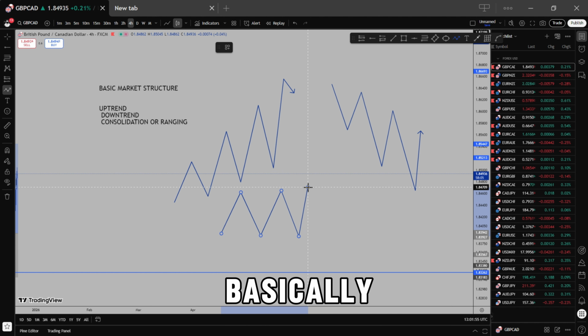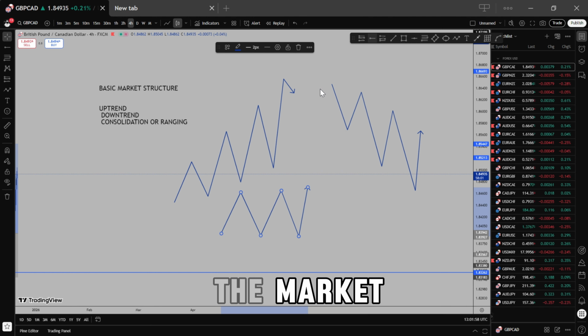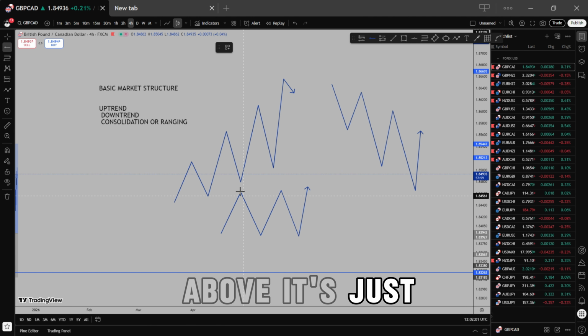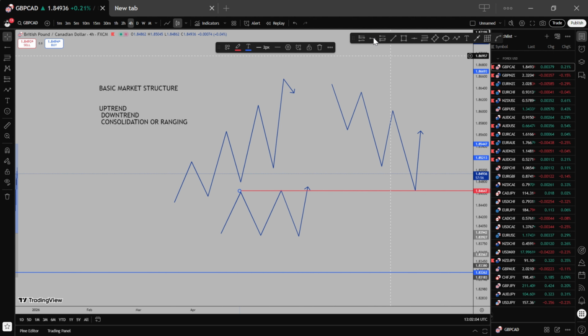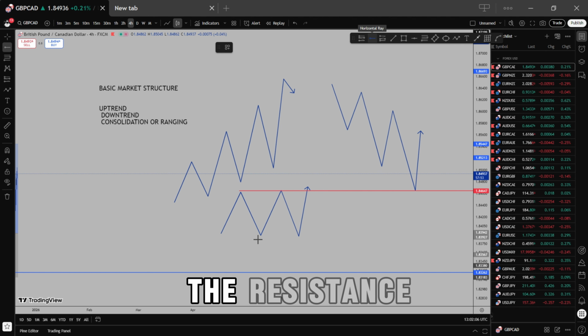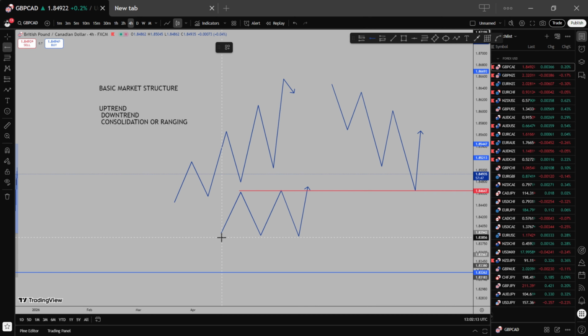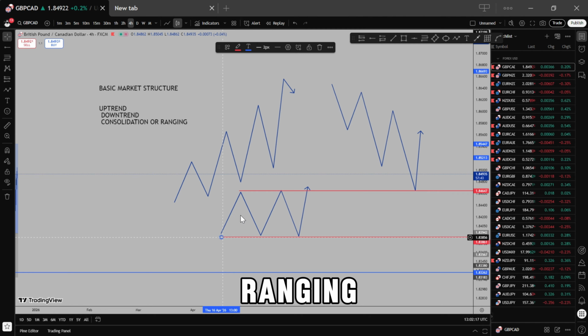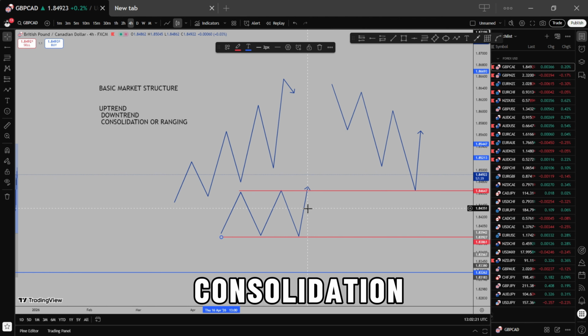This is the ranging market, where the market does not break above, it's just ranging between the resistance and then demand. You see it, guys? So it's just ranging in between. Now that is your ranging or your consolidation market.